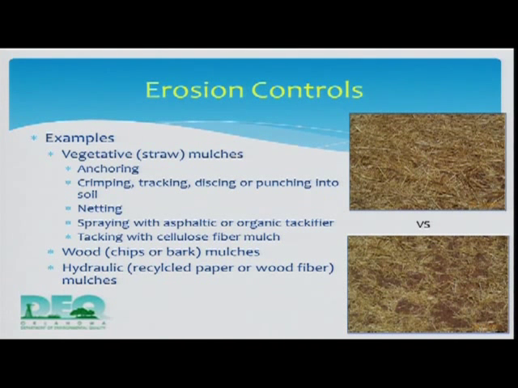You can use a tackifier there, that last bullet, the hydraulic mulches, where they spray that material on the surface and it kind of glues everything together. Those work pretty good. They will break down fairly quickly depending on how close to natural they are. The guar gums and such will break down probably within a couple of weeks in the summer, maybe even within a week, kind of depends.